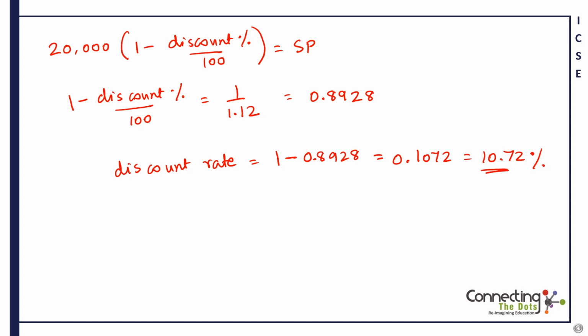So we were able to work backwards from the total bill amount using the GST rate to calculate the discount that is applied in this transaction.